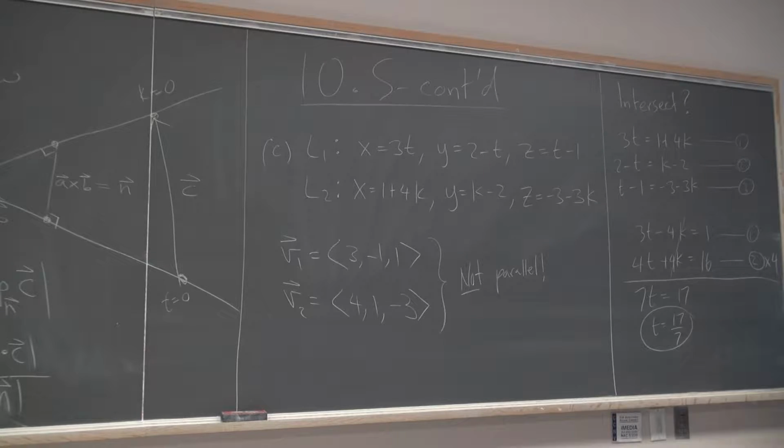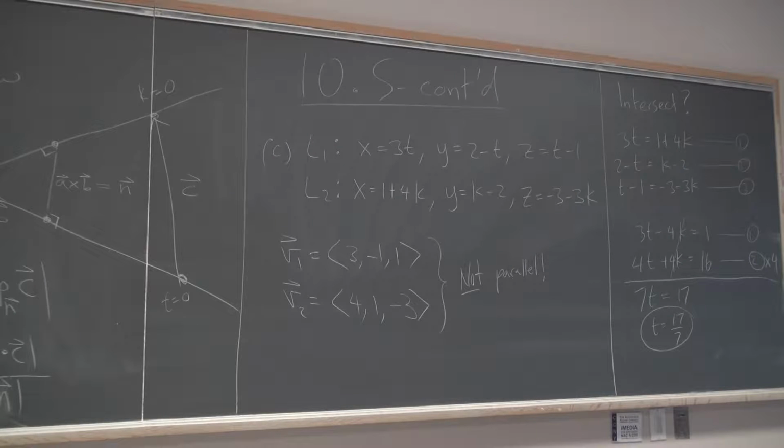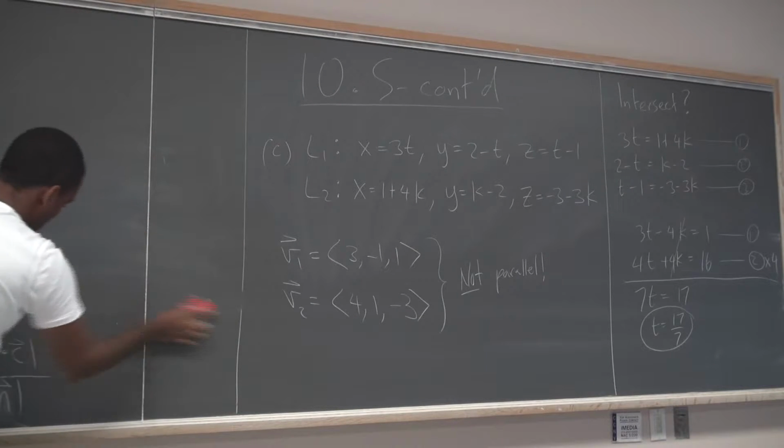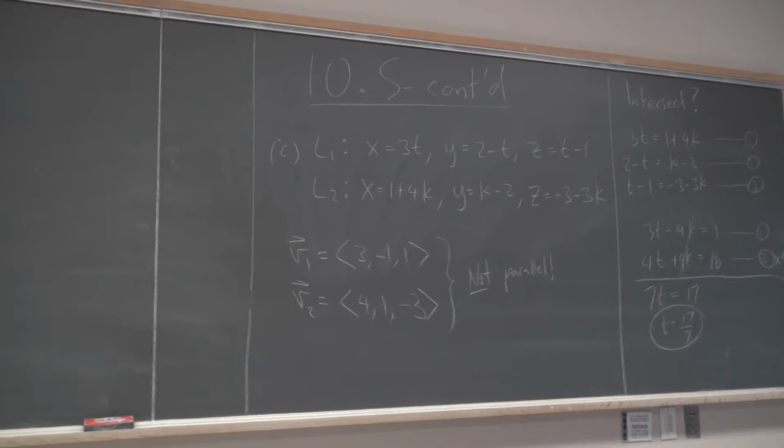Okay, so far? Okay, so t is 17 over 7. What does that mean for k? So now we know since t plus k equals 4, right? We had that.